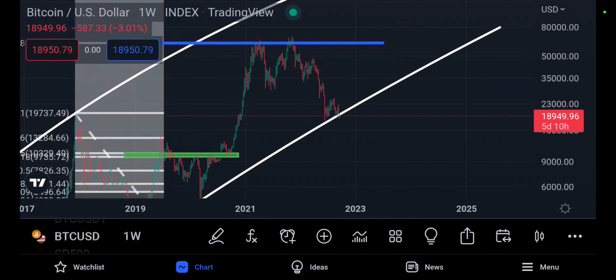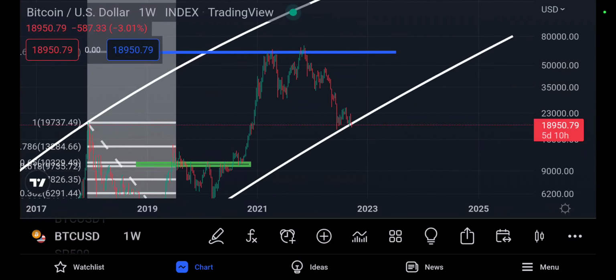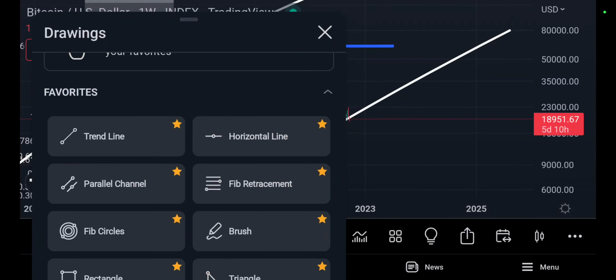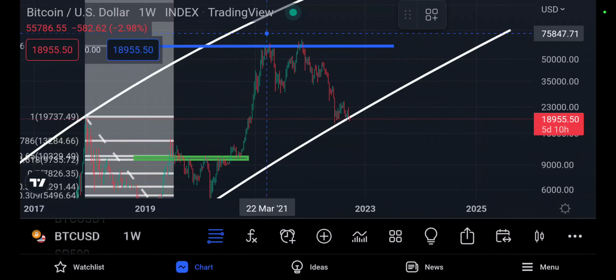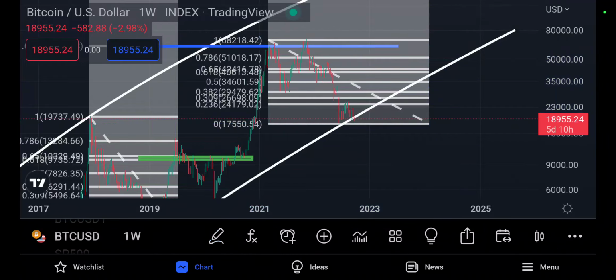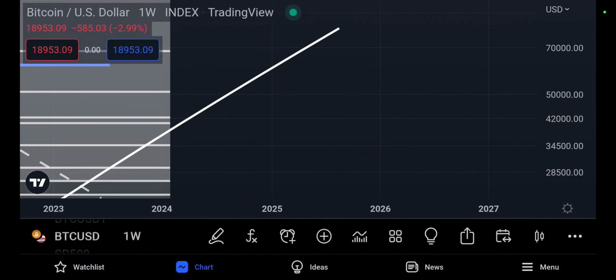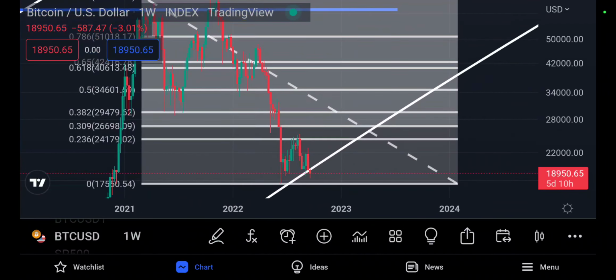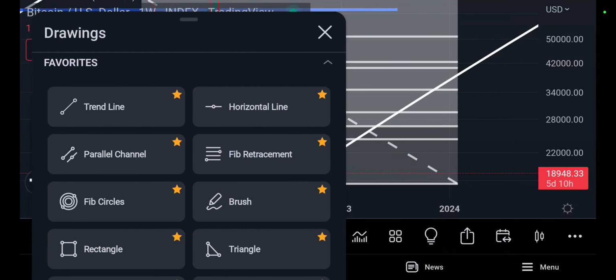So now what I'm going to do is pull another Fibonacci retracement tool from the top price to the bottom. The 0.618, look at that.